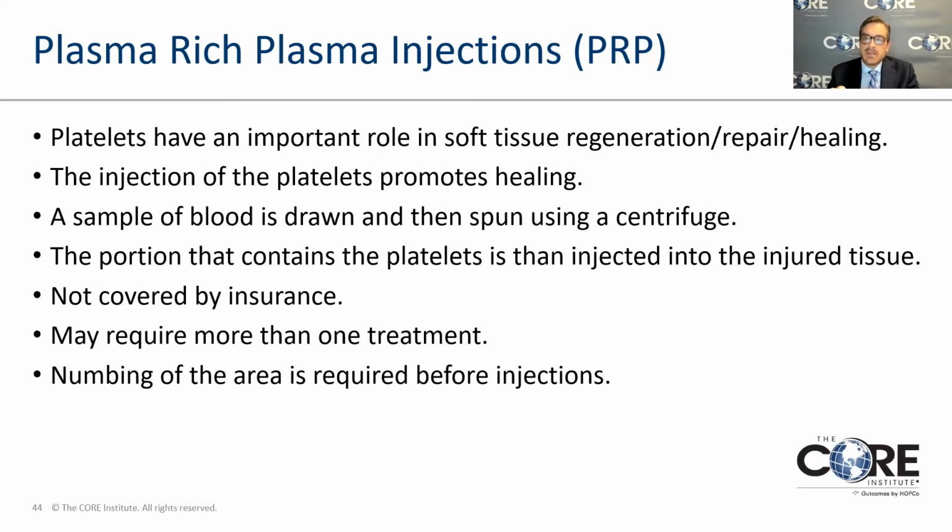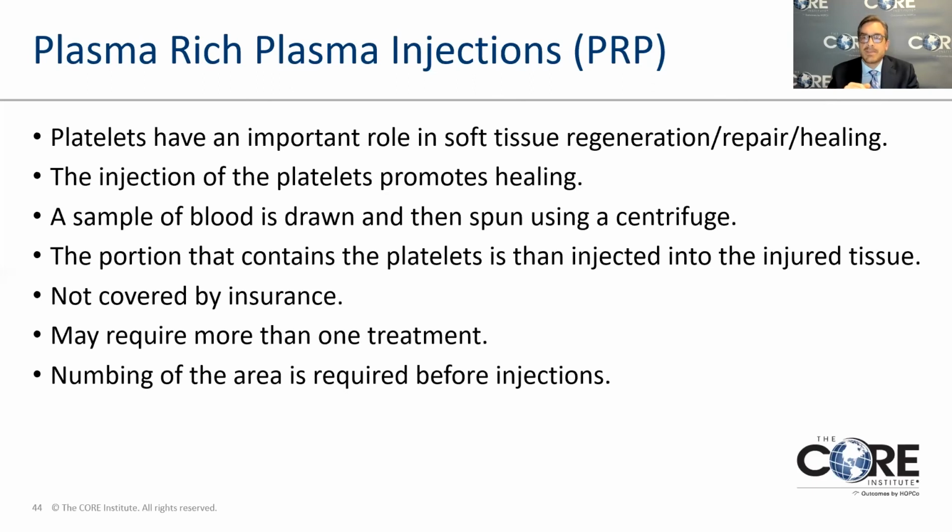Essentially, a person has some blood drawn in the office, just like they would at the lab for some blood work, and then that blood is put into a tube and spun in a centrifuge. It separates the components of the blood, and then the platelets are taken and injected into the painful area. I'll show you a picture here in a second.